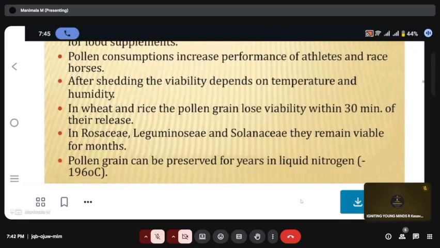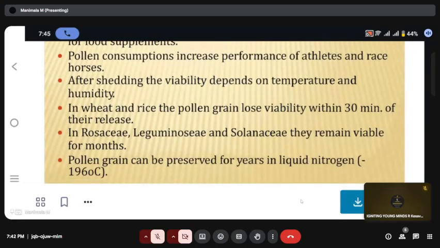In wheat and rice, the pollen grains lose viability within 30 minutes of release. Especially underline this: wheat and rice pollen grains, after shedding to the stigma, lose viability within 30 minutes. In some plants like Rosaceae, Leguminaceae and Solanaceae, the pollen grains stay viable even for a month. Rosaceae means the rose plants.